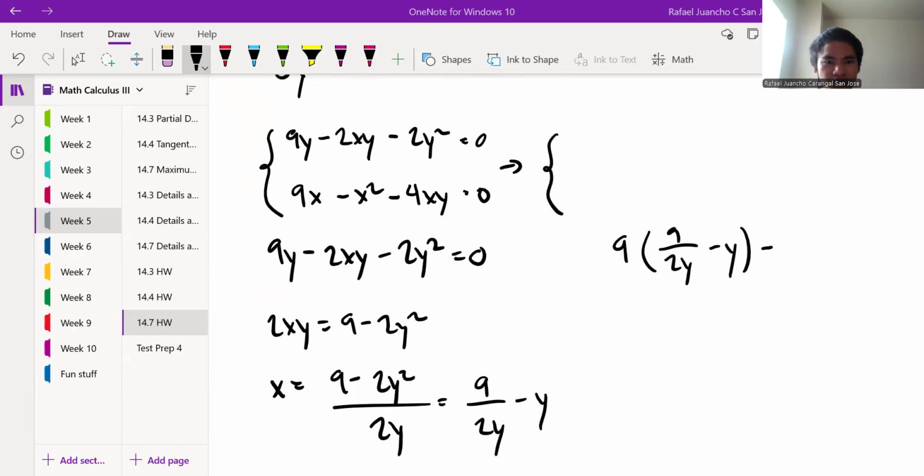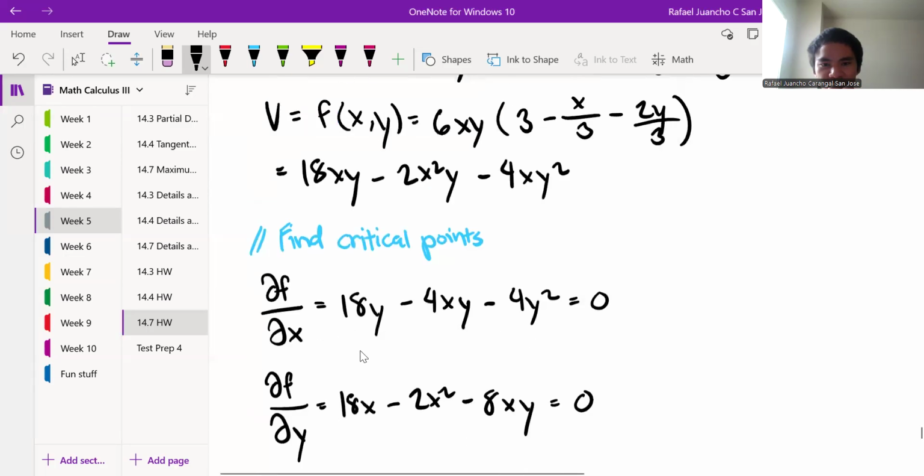So they do a partial. Okay, what? How do you get xy divided by 3?